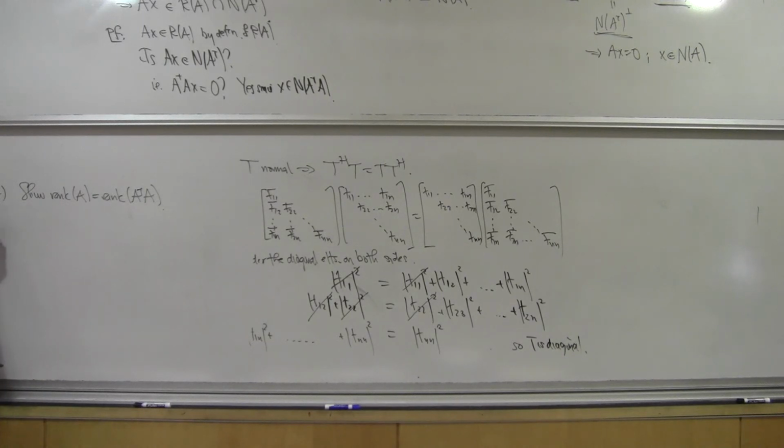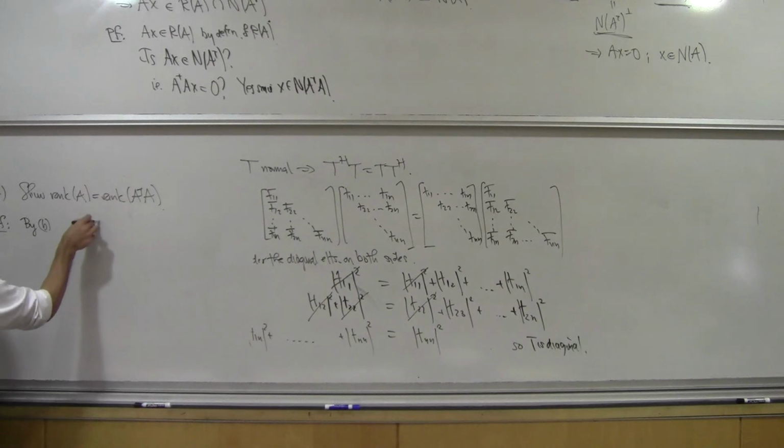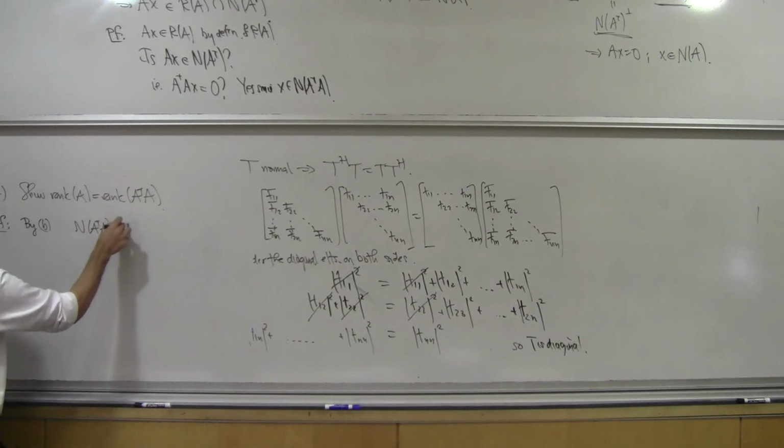And the proof is, well, I just use part B. So by B, we know that the null space of ATA equals the null space of A.